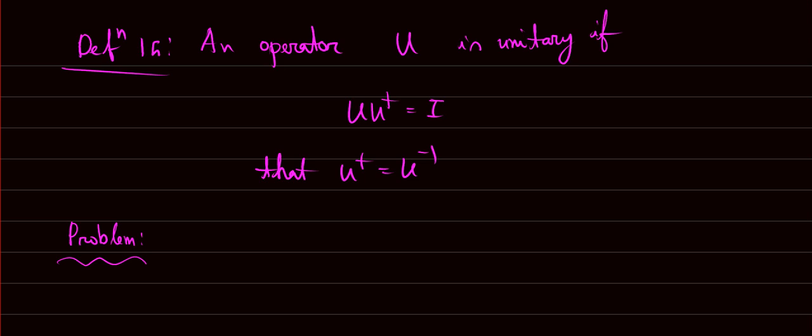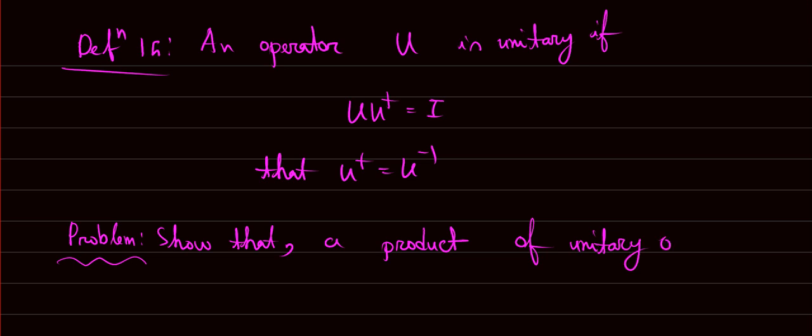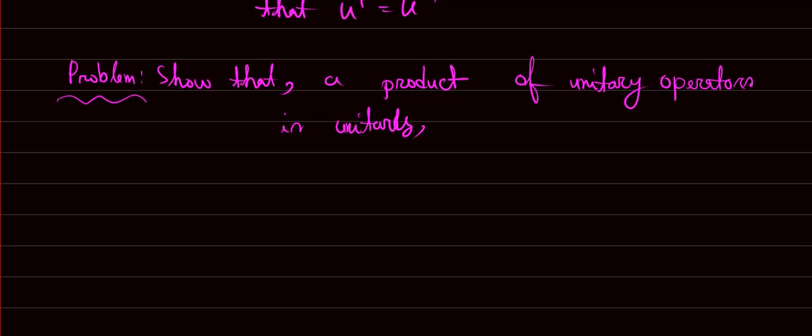So let's do a problem from this definition. Show that a product of unitary operators is unitary. So if we take two unitary operators and take the product of them, the result will also be unitary. We have to show this.